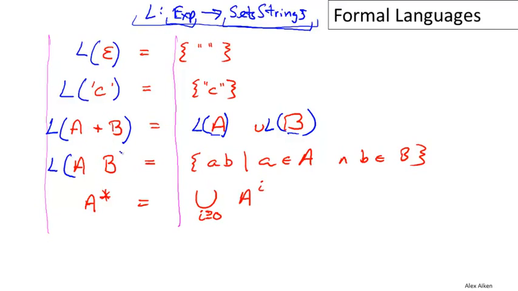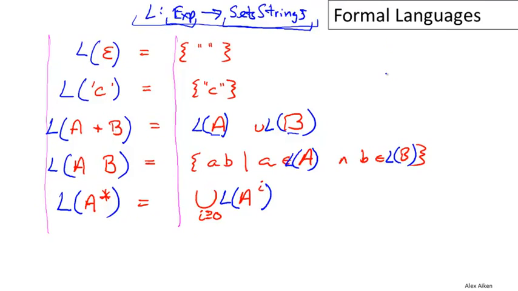And similarly here, the language of A concatenated with B, we're going to select elements from the language of these two expressions, and then we're going to form another set from those two sets. And finally, for iteration, the language of A star is equal to the union over the meaning of a bunch of expressions. A to the i is an expression. This is a piece of syntax, and we have to convert it to a set in order to take the union.